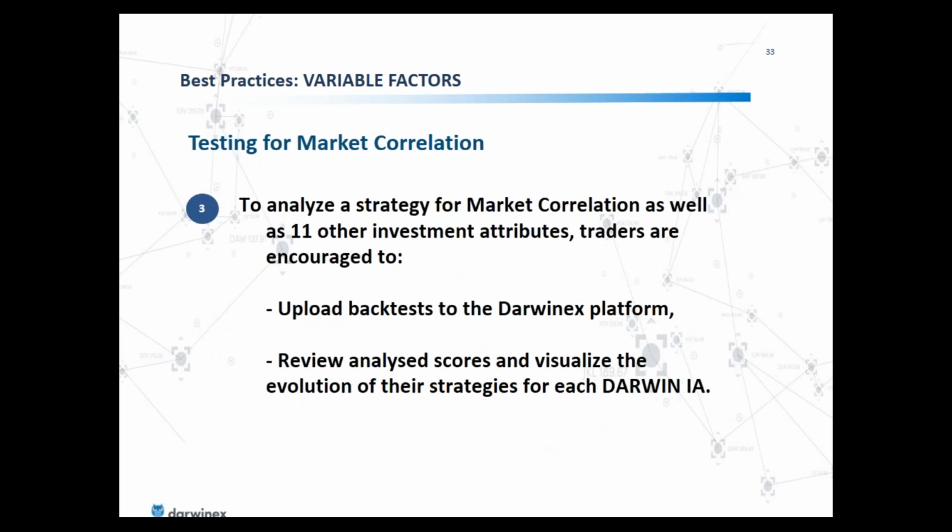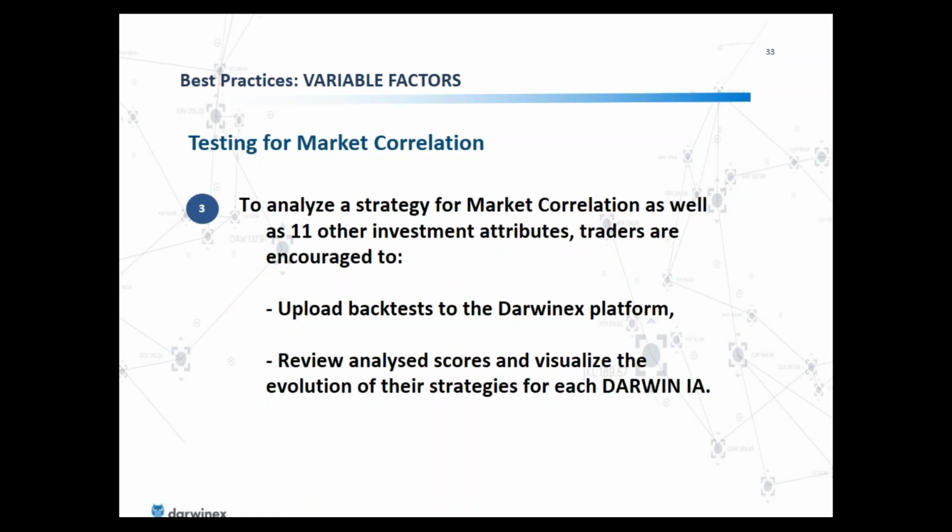To analyze a strategy for market correlation, of course, as well as 11 other investment attributes, traders are encouraged to upload backtests to the DarwinX platform. This is the easiest, most sensible way of assessing your trading strategy.